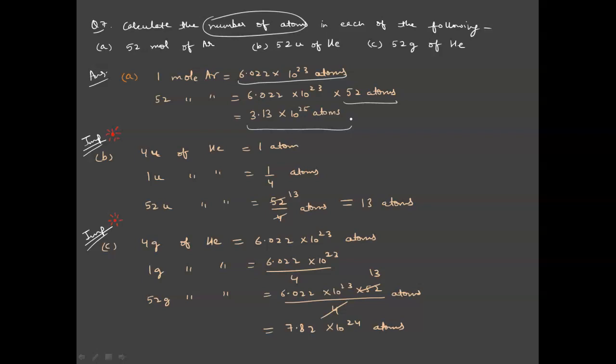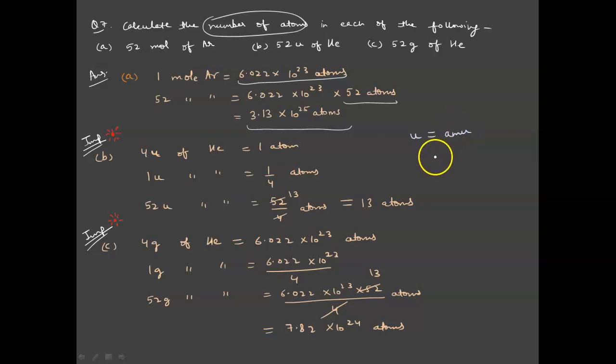In the next question, that is for helium, the atomic mass of helium is 4 gram. In this case, first of all, we should know the difference between u and g. What is u and what is g? u is AMU, which we write shortly as u.